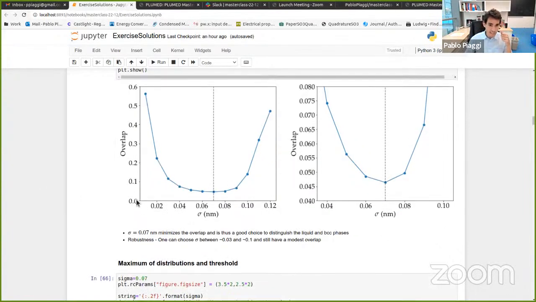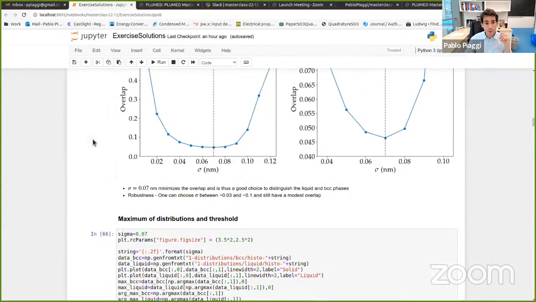An important thing that I would like to highlight is that many of the values that we have here would work relatively well and would be good choices, but of course we can choose the best, which is the minimum. Okay, so now that we know that 0.07 nanometers is the best value for our parameter sigma, that is essentially the only parameter that we have to choose for the collective variable.